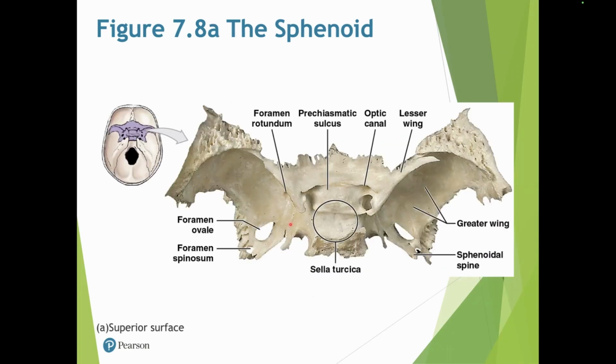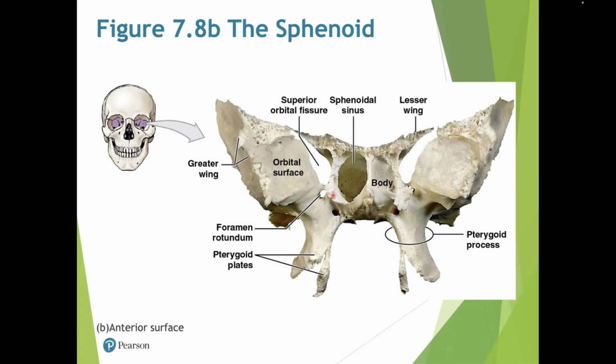Notice back here, your foramen rotundum was hard to view. So your foramen rotundum is better at this view. You got your greater wing. A little bit harder to see on this one. You have your lesser wings right here. Here's your sphenoidal sinus. It's going to be that open air space. And you have your superior orbital fissure.